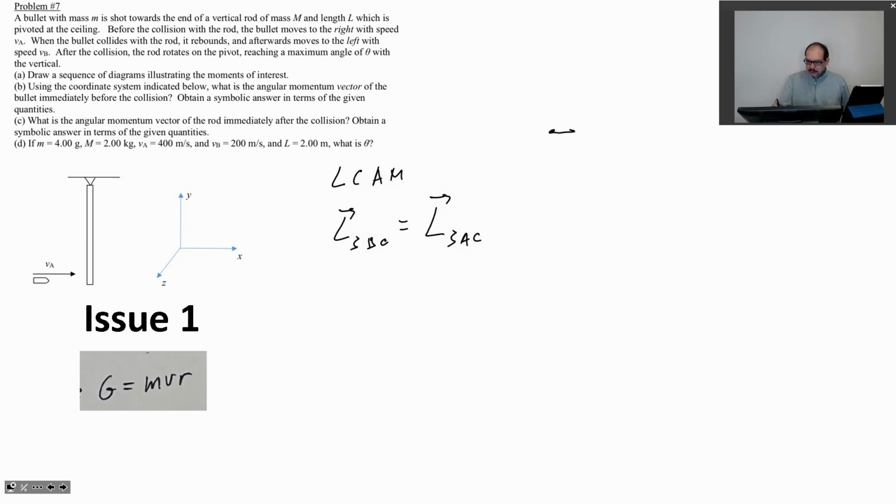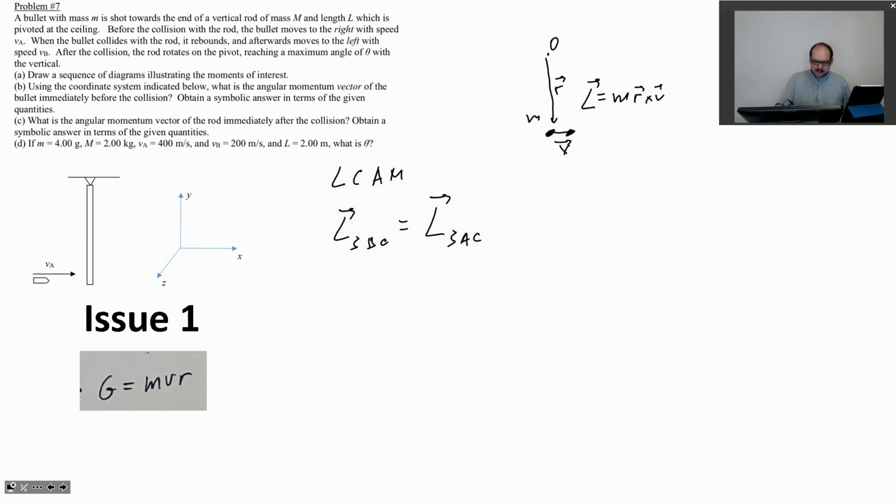For a point-like object, for a dot moving at a given velocity relative to a given axis, the angular momentum is given by a cross product.